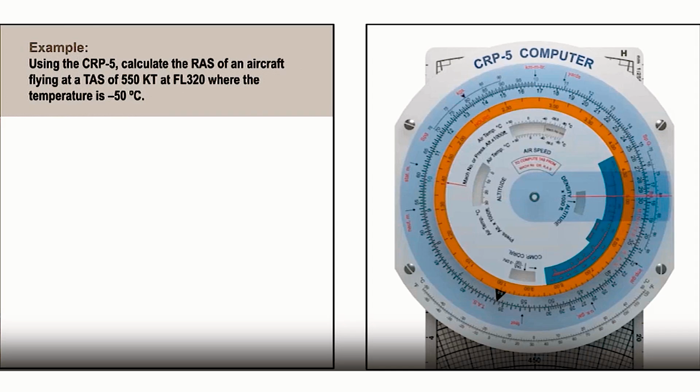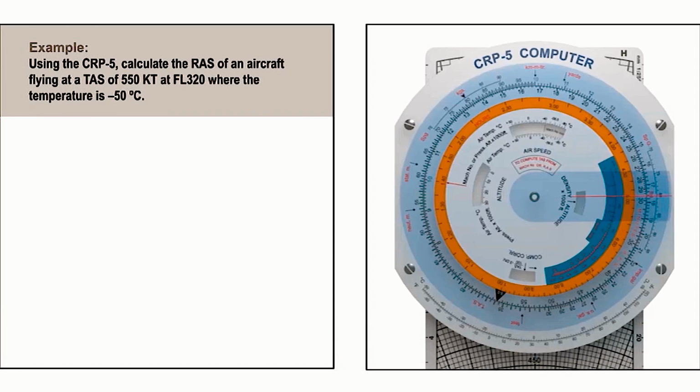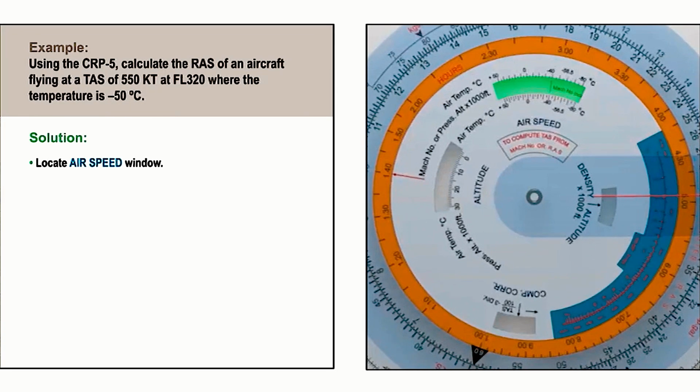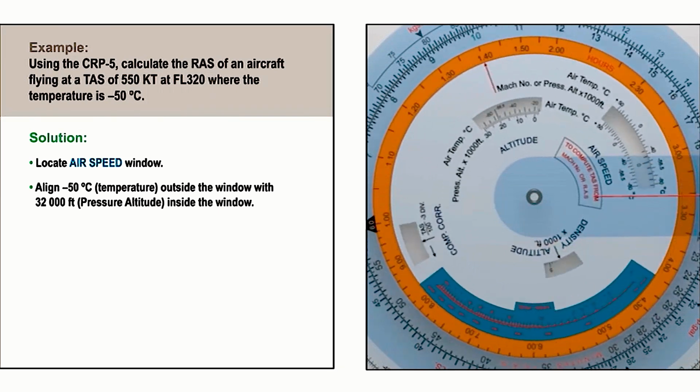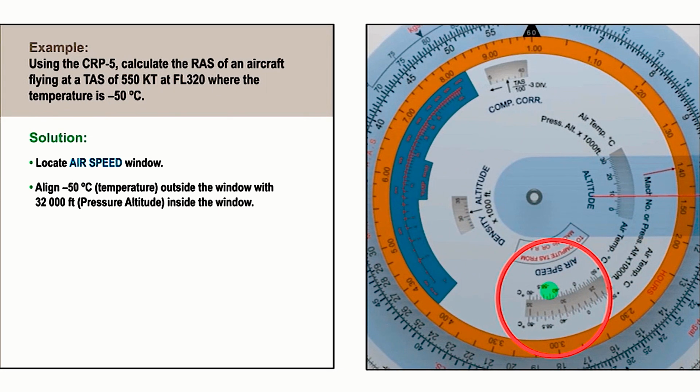In this example, we need to calculate the rectified airspeed of an aircraft flying at true airspeed of 550 knots at flight level 320, where the temperature is minus 50 degrees centigrade. In the airspeed window, align the temperature of minus 50 degrees centigrade outside the window with the pressure altitude of 32,000 feet inside the window.